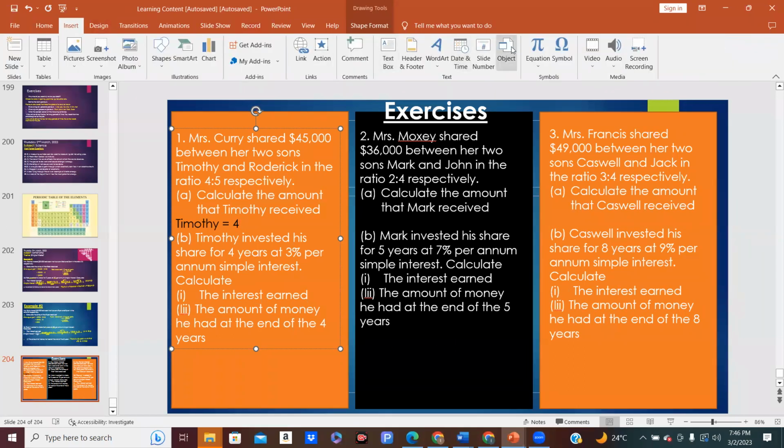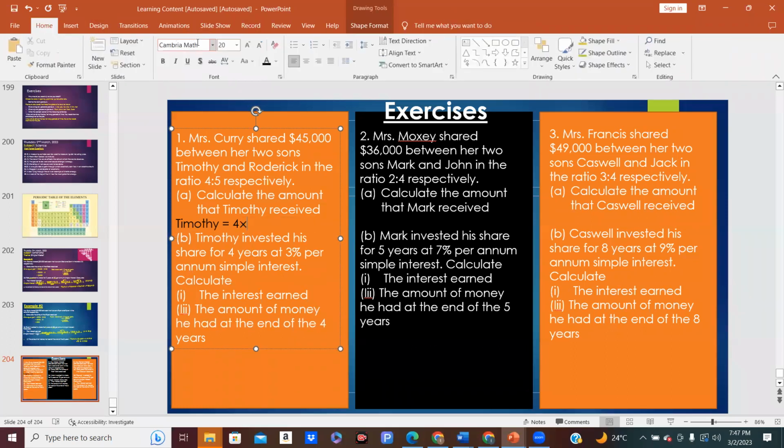Then Timothy received 4 equal parts, so you would times 5,000 by 4, which equals 20,000. And then we go on to B, which says Timothy invested a share for 4 years at 3% per annum.